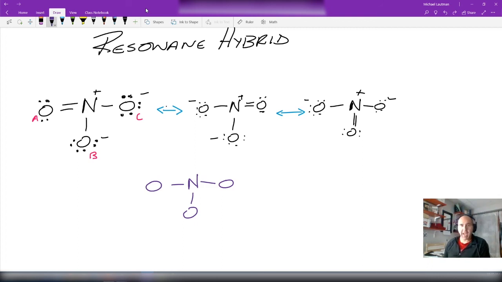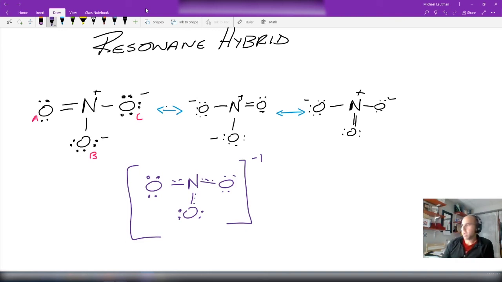The actual molecule is going to look like an average of these three because all of these three are the same as each other in terms of evaluating them as Lewis diagrams. And so they're all going to probably look like something like that. And the whole thing is going to be -1.